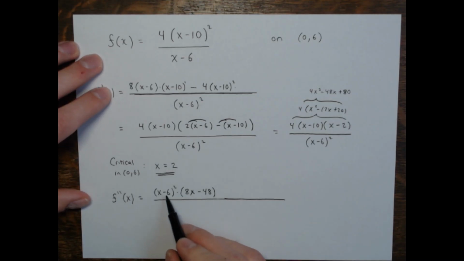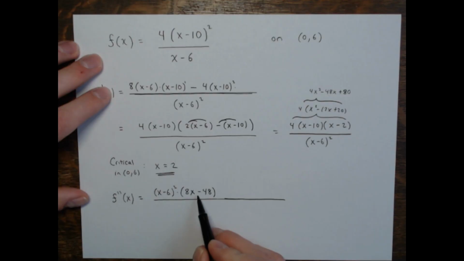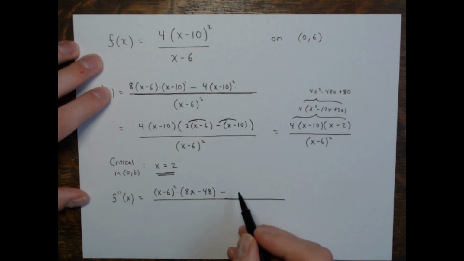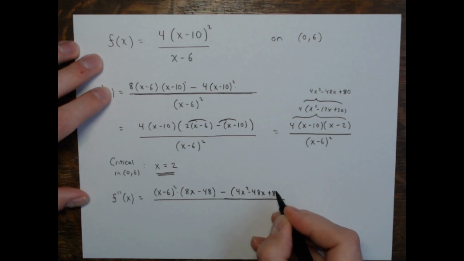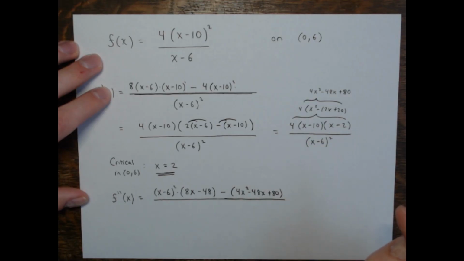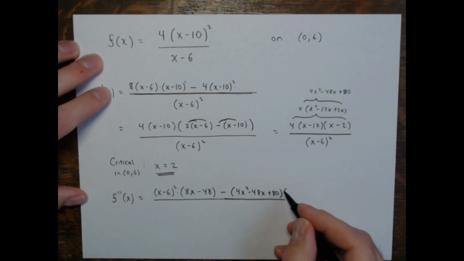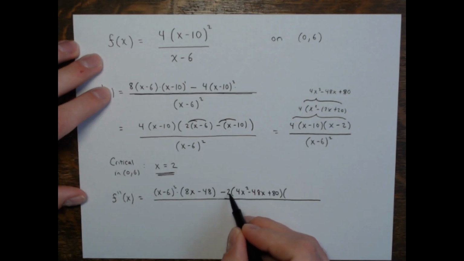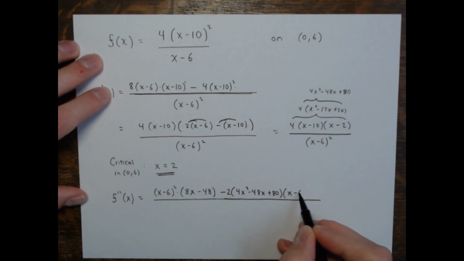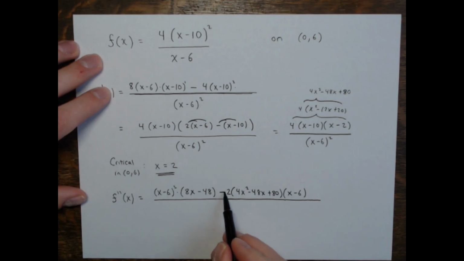So there's your denominator times the derivative of the numerator, then minus the numerator, which if you want to write it in factored form, you could, times the derivative of the denominator, which would be 2 times x minus 6 to the first. And then all that divided by the denominator squared, so that'd be x minus 6 to the fourth.